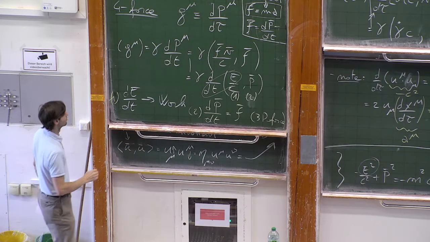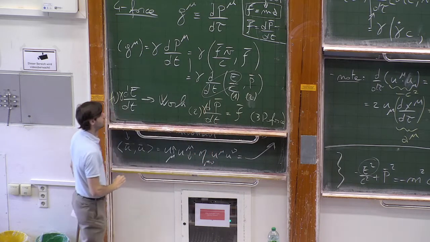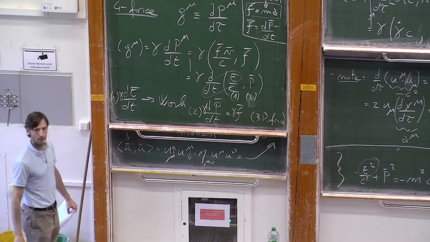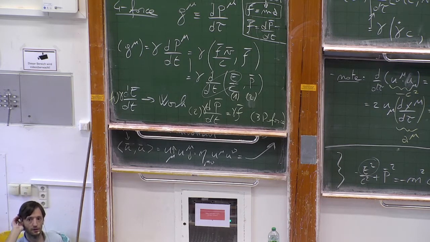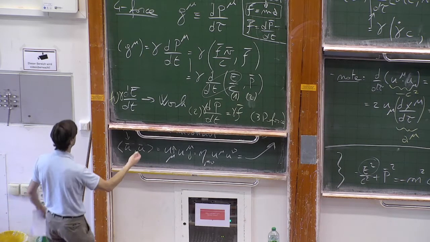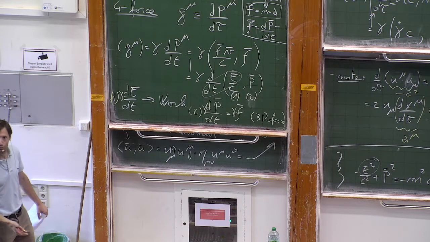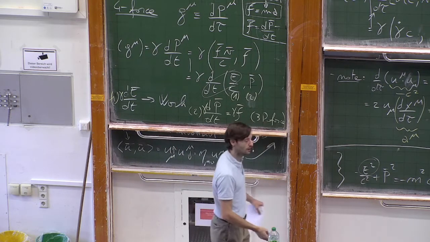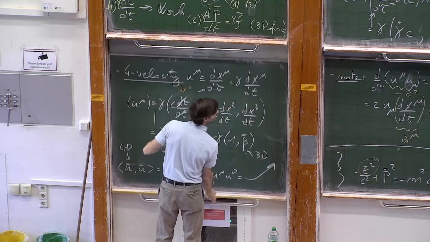Of course, there is the gamma in front. Sorry, that's the change of energy with respect to time, which is related to the work associated to the particle, because the change of the work gives you a change in energy.